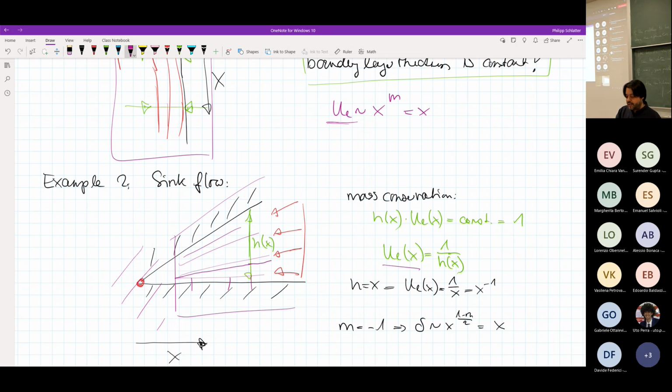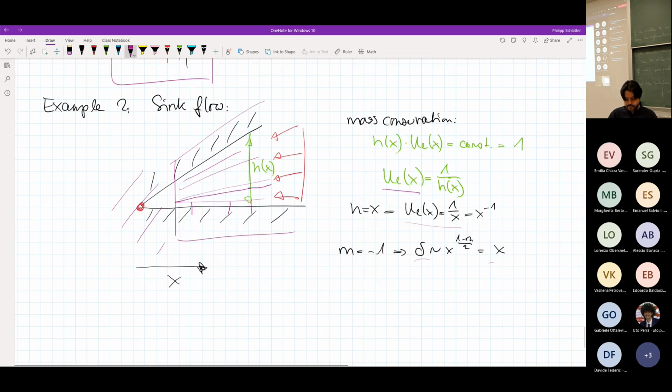So you have a linear increase of your velocity, 1 over x, and at the same time the boundary layer thickness decreases as x.